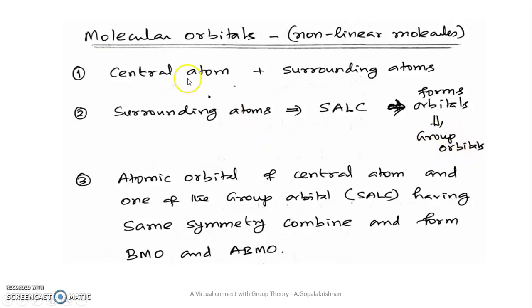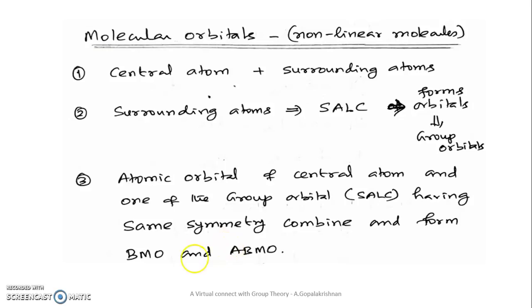If they have the same symmetry and nearly the same energy, then they combine and form a bonding and an anti-bonding molecular orbital. This is how molecular orbitals are formed in polyatomic nonlinear molecules.